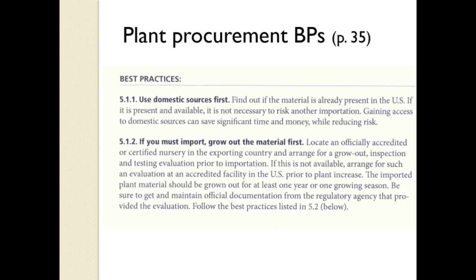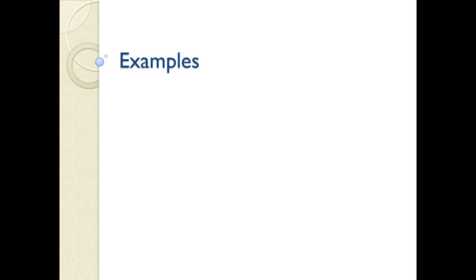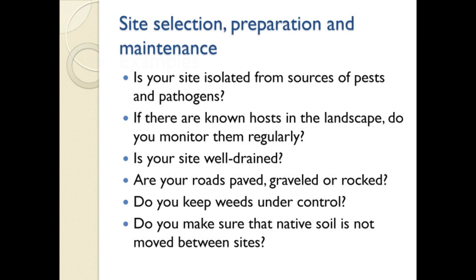So since we're not going to go through all of these in detail, I thought what I would do is show you some examples, and we'll pretend that we're walking through your nursery and trying to identify some of these critical control points. Okay, here are some questions you might ask yourself.